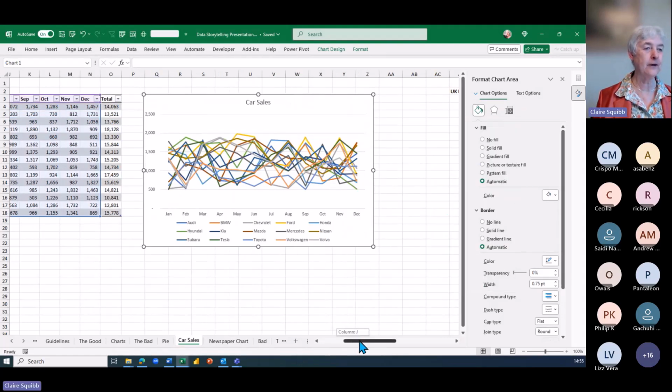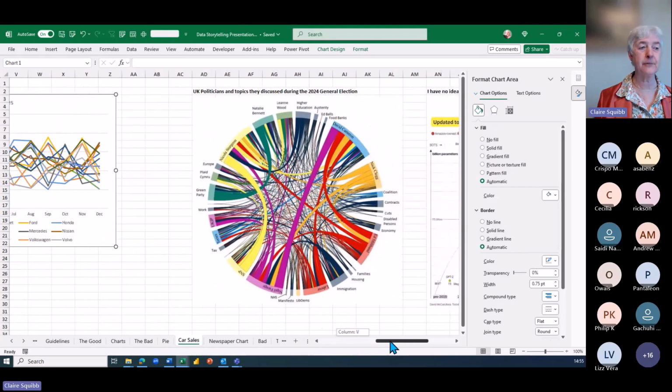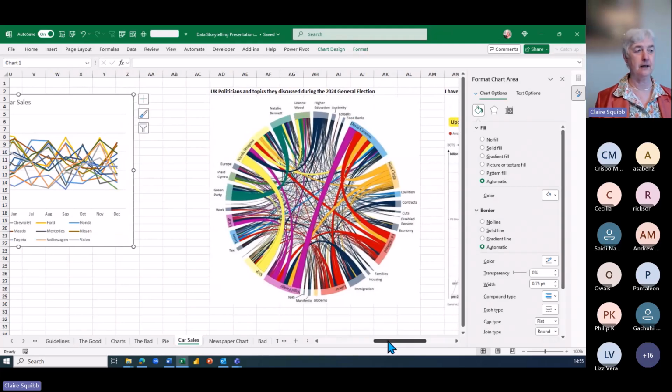Moving further over, these are just simply bad charts. These are perfectly real charts that have been displayed, showing UK politicians and topics they discussed during the general election. Nicola Sturgeon talked about the SNP.